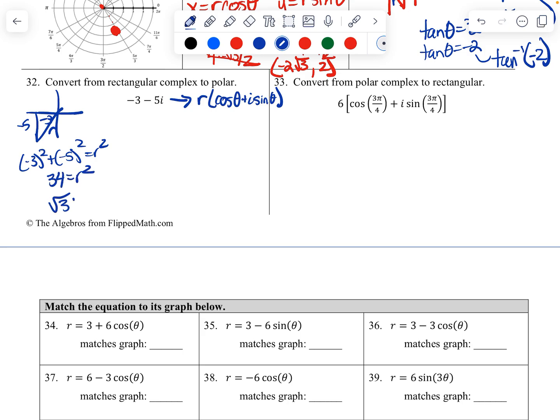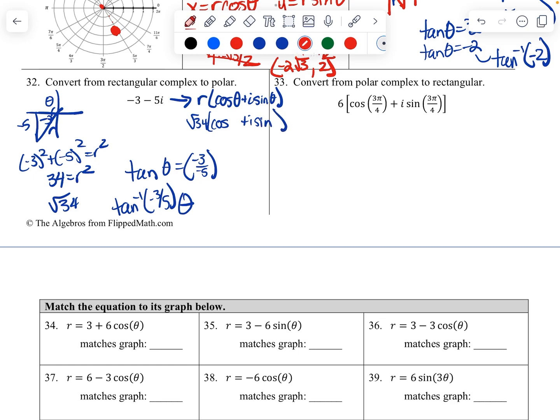So we got the square root of 34, and then our angle. So the tangent of theta, and again, you'd have to use your calculator to figure out what the inverse tangent of -3/5 is. And then we plug it in, the square root of 34, cosine of our angle, plus i sine of that angle.